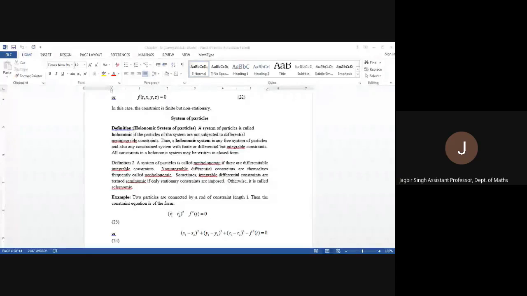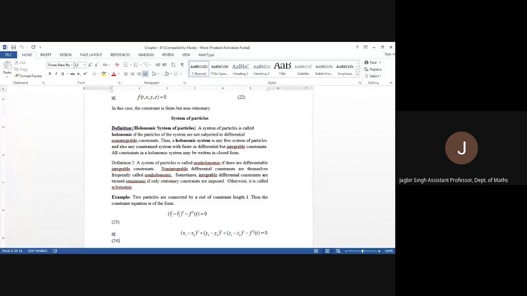So, holonomic system: a system of particles is said to be holonomic if it is not subjected to differential non-integrable constraints. This means that if constraints are imposed, they should not be of the type which are differential and non-integrable. What is differential? A constraint which involves the velocity component. And what is non-integrable?